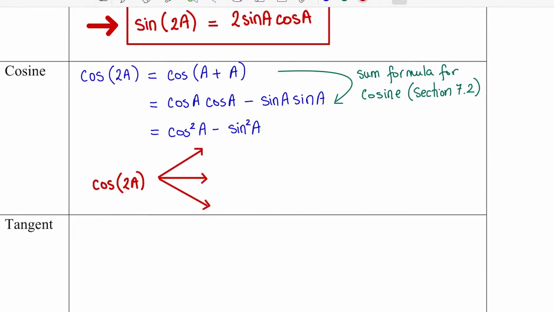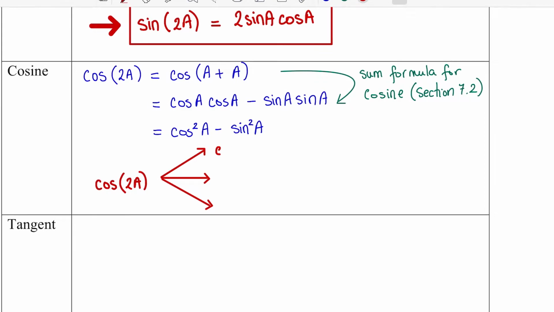There are 3 different variations for cosine of 2A. The first variation is cosine square A minus sine square A. The second variation is when you substitute cosine square A with 1 minus sine square A, you would have 1 minus 2 sine square A. The third variation is when you substitute sine square A with 1 minus cosine square A, you would have 2 cosine square A minus 1.